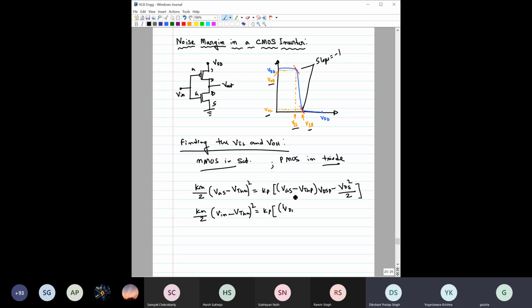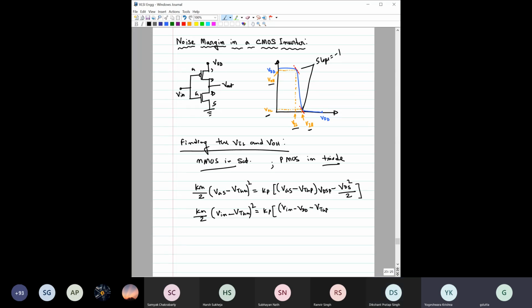Should it be VDD minus Vin, or should it be Vin, which way? Please think. We are writing here. Have I written it correctly? If we had written VSG and then outside we had written VSD, it would also be the same, but then the value would be VDD minus Vin, and now it will be Vin minus VDD.